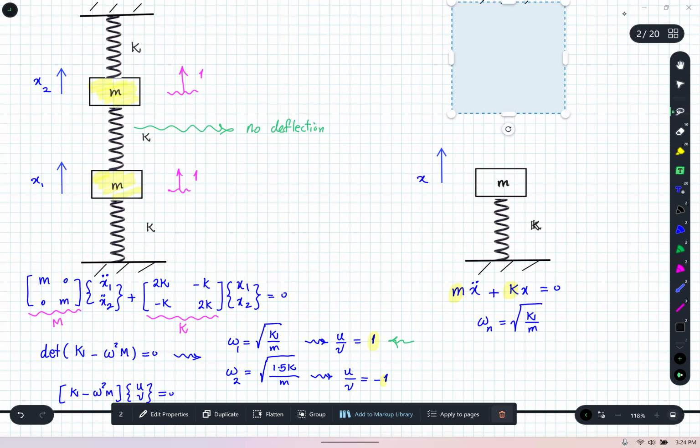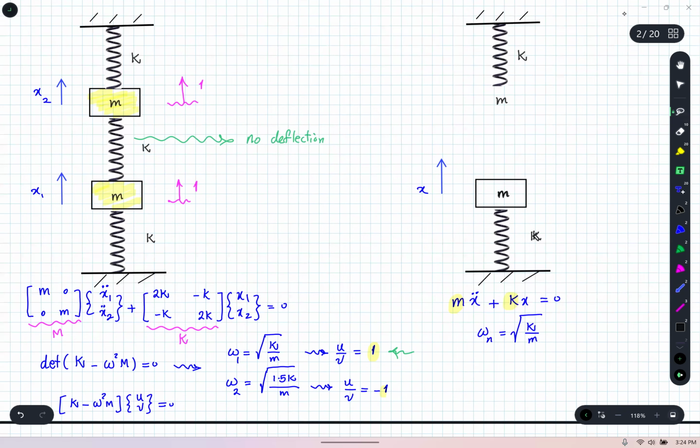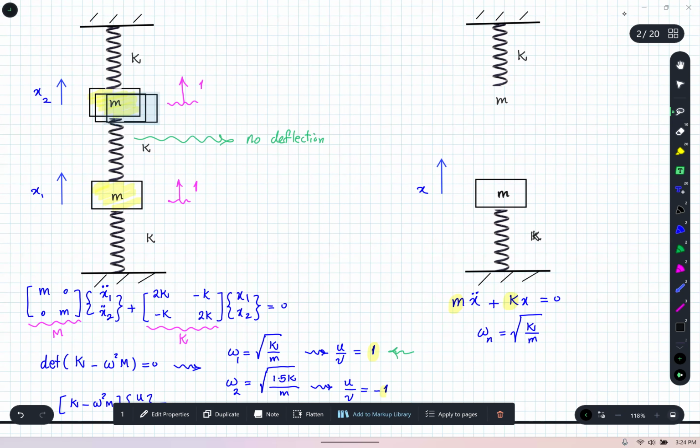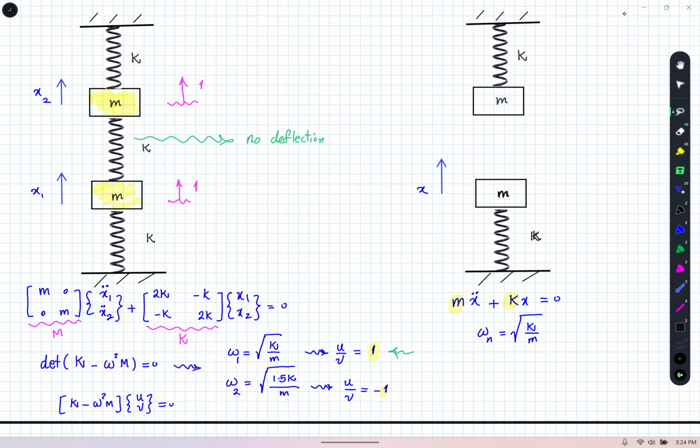Or I can think about that system as being two independent single degree of freedom systems, each of which has its own coordinate, right? And simply the natural frequency of each is k over m.